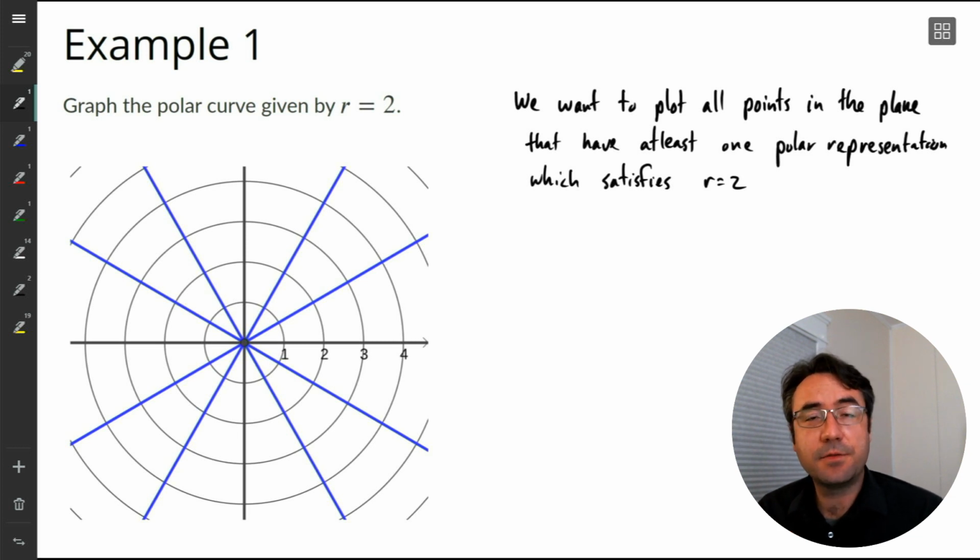So we want to find all of the points where we can find a polar coordinate representation for that point where the r value is 2.